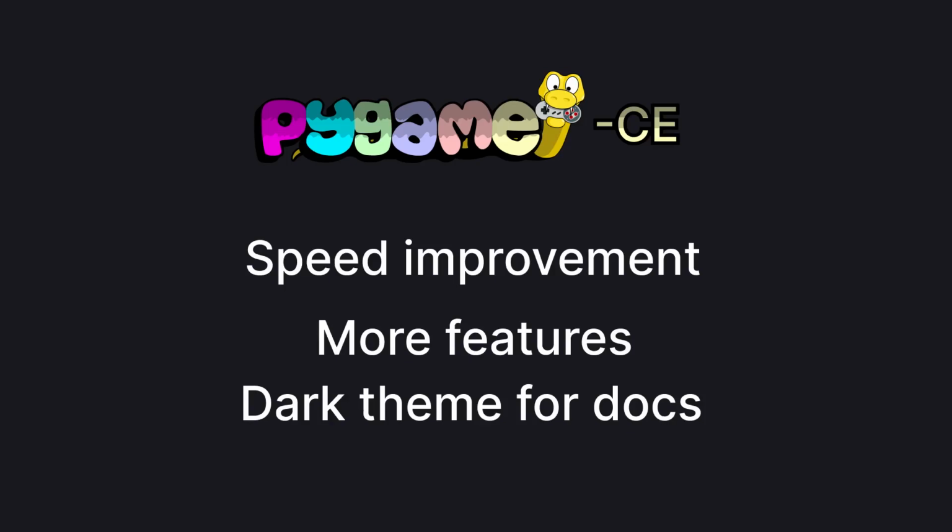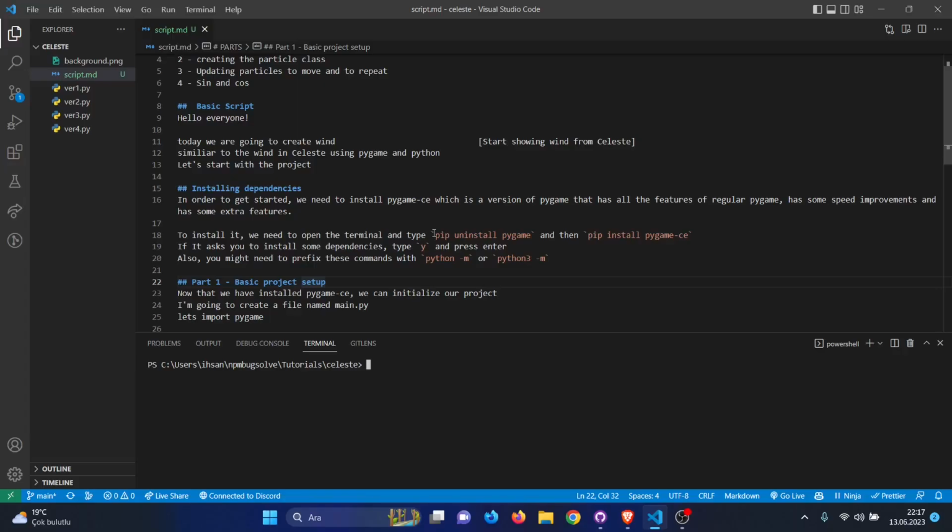In order to get started, we need to install Pygame-ce, which is a version of Pygame that has all of the features of regular Pygame, has some tweak improvements and also some extra features. To install it, we need to open the terminal and type pip uninstall pygame and hit enter. And then after that, pip install pygame-ce.